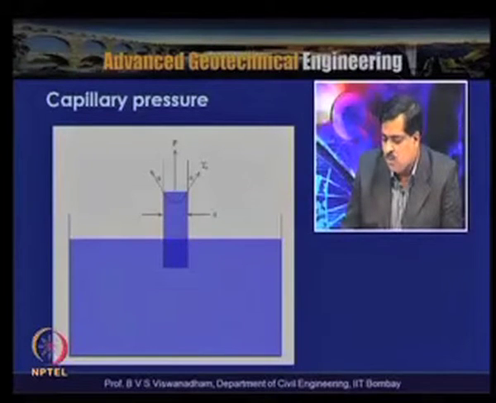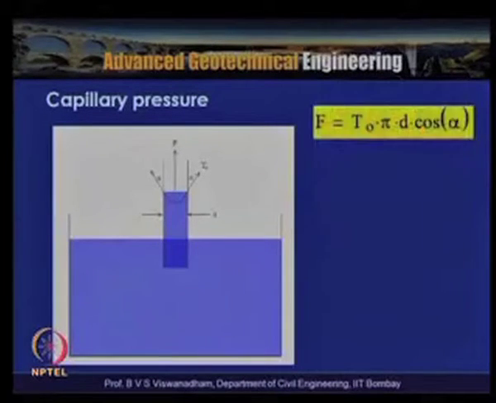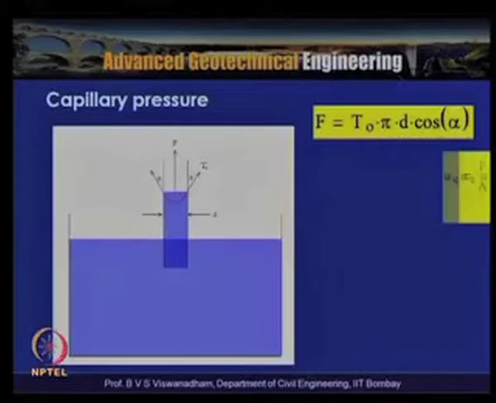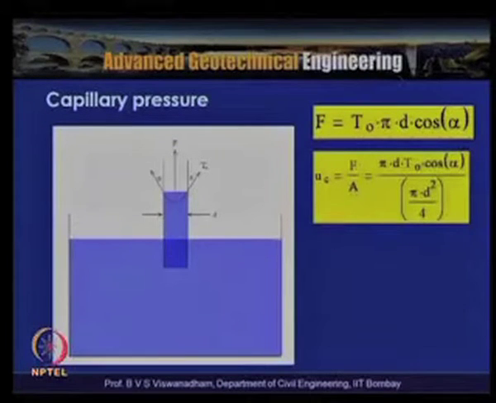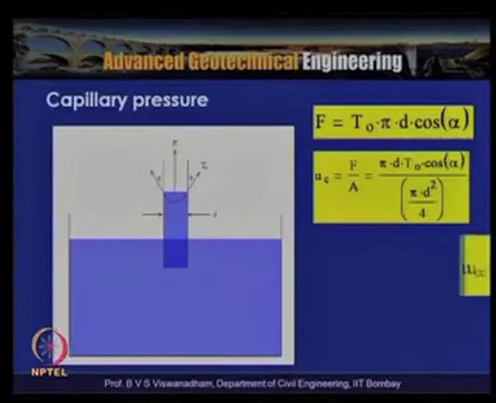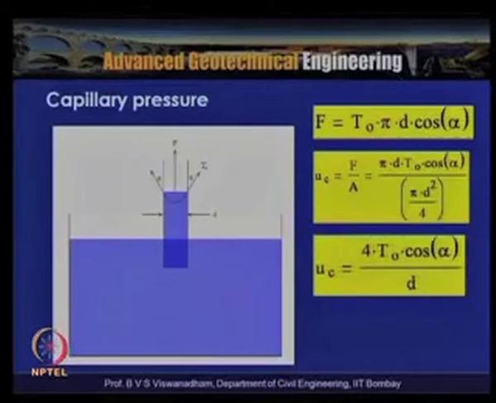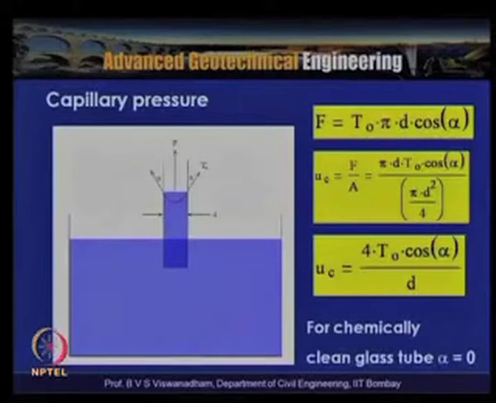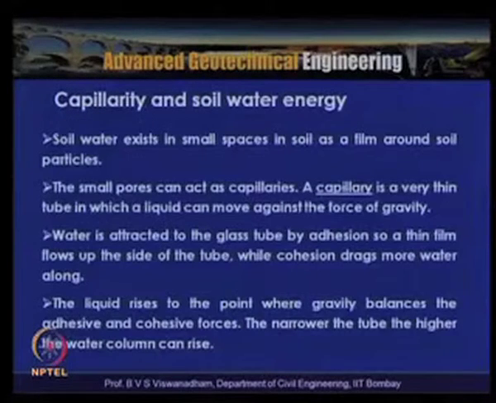This is how it has been obtained: F = T0 × πd cos α, where T0 is the surface tension of water, and uc = F/A. Thus uc = πd T cos α / (πd²/4), which gives uc = 4T cos α/d, and with α equal to 0, it becomes 4T/d.